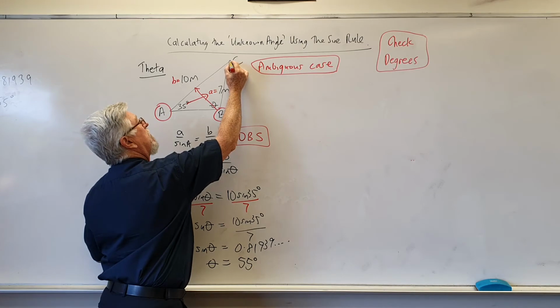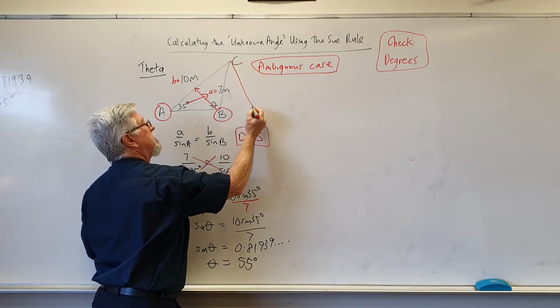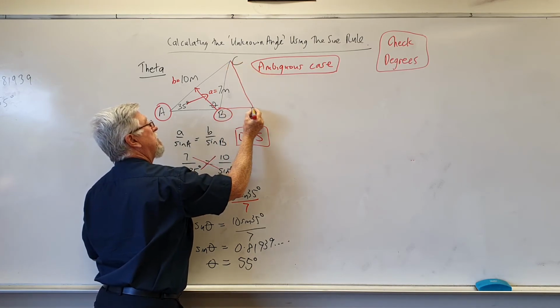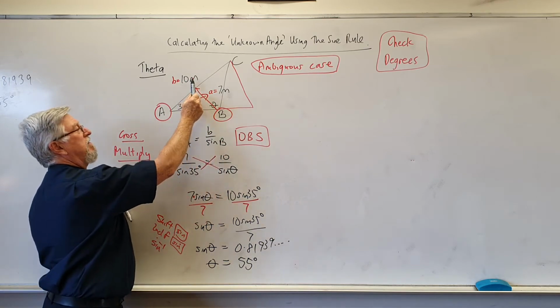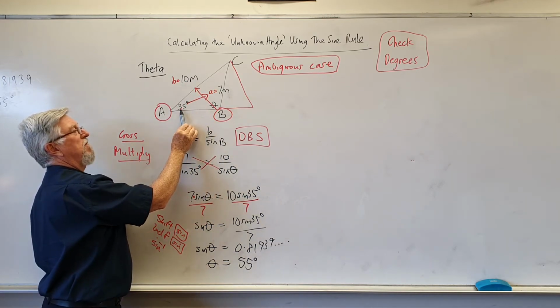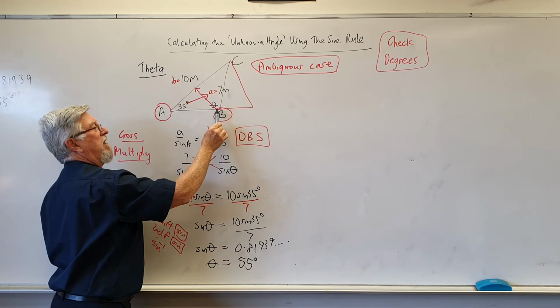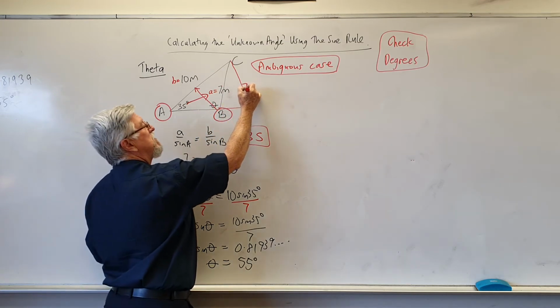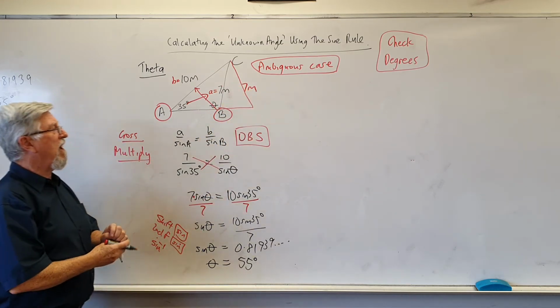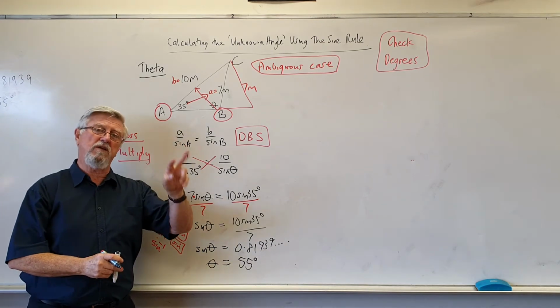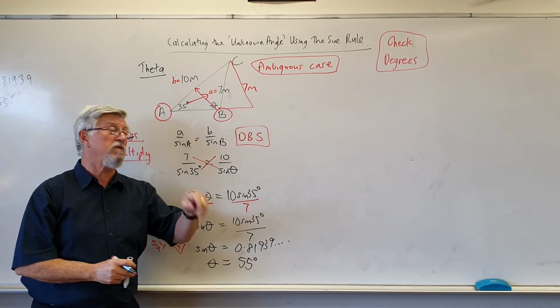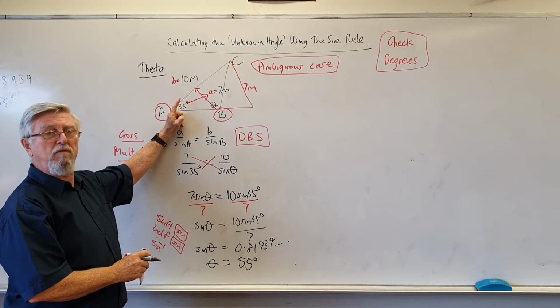If I drew another line that come down there like that, and I come across here like this, there's our 10, there's the same 35, here's the 7 there, but instead of the 7 there, it becomes the 7 here. So we have two sets of circumstances or two sets of triangles that could achieve the same information.